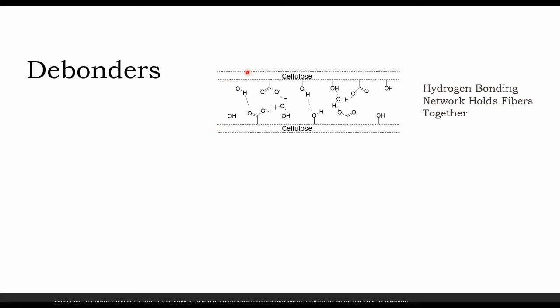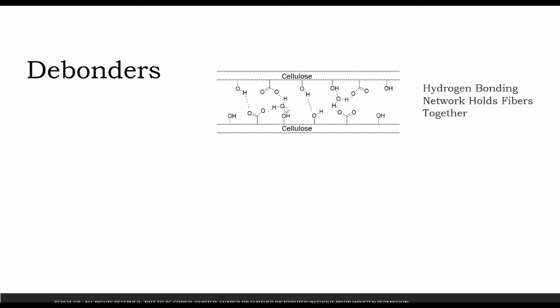When the cellulose fibers come into close contact with one another, those functional groups will form a network called a hydrogen bonding network, which is basically these functional groups will quote unquote bond to one another, not in a permanent way, but in a reversible way. And so really, those fibers are interlocking with one another.